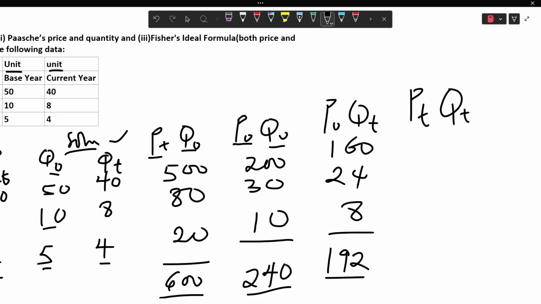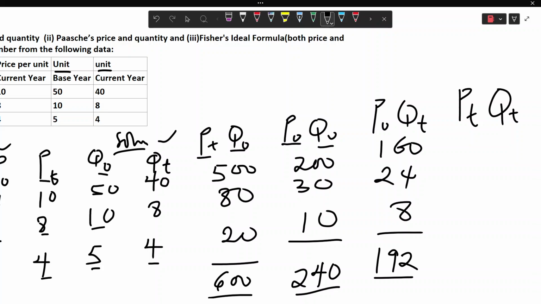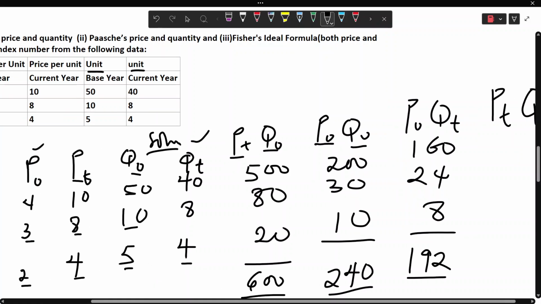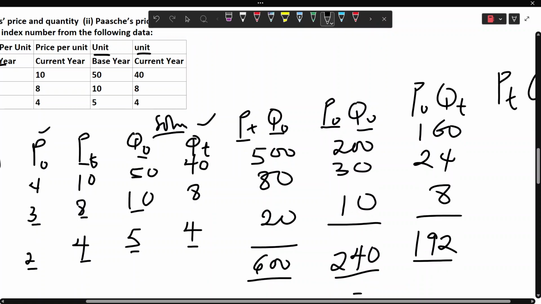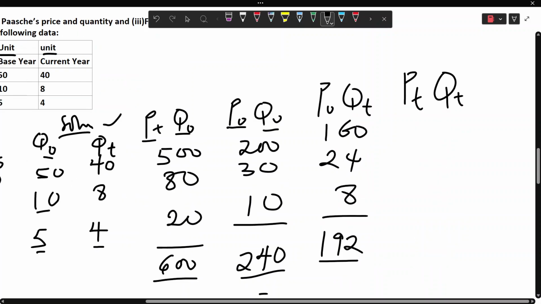So now let's find the current year prices times the current year quantities. We have 10 and 40, which gives us 400 for the first commodity.